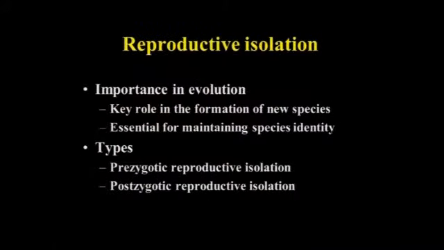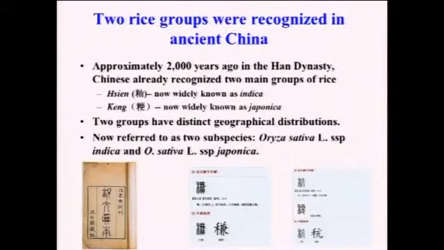So no need for introduction. Reproductive isolation is awfully important in plant biology, but probably you don't know its importance in plant breeding. There are two groups of rice in cultivated rice, the species Oryza sativa.